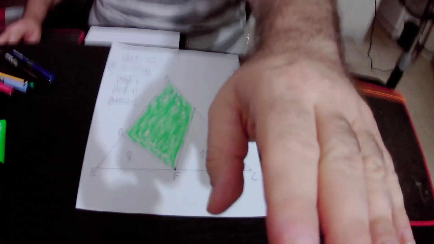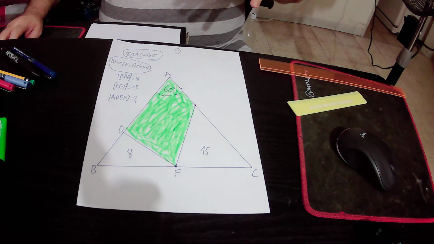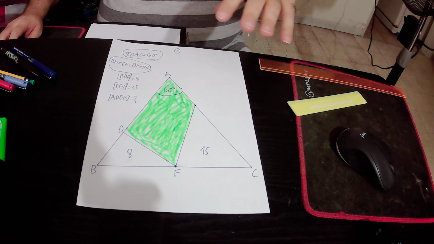Hello, in this lecture we will find the area of the green shape. In the drawing we have triangle ABC.